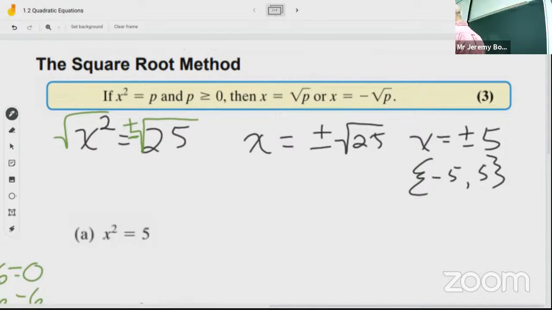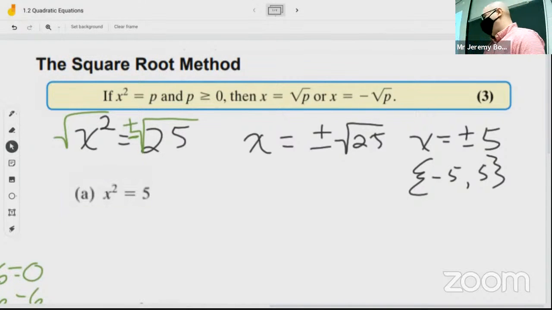It's really simple when you think about what it's doing, but it can become more complex. Any questions on that? So notice the form that it had to fit. You had to have x squared equal to some non-negative thing. What about this? If I have x squared is equal to 5. What number squared equals 5?